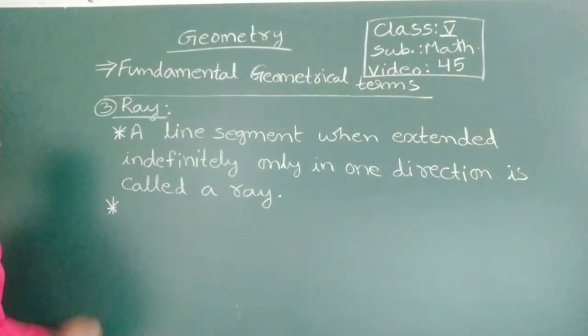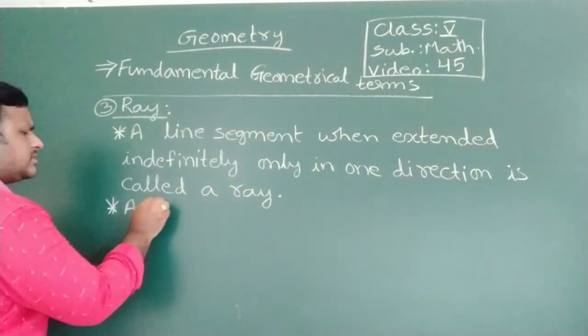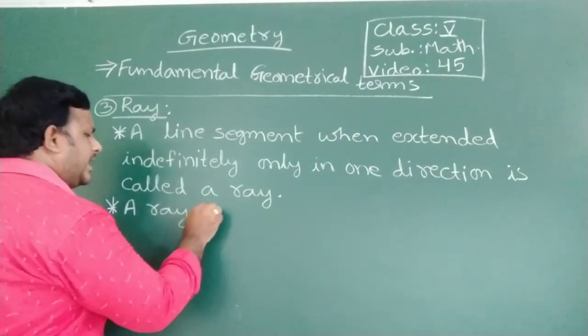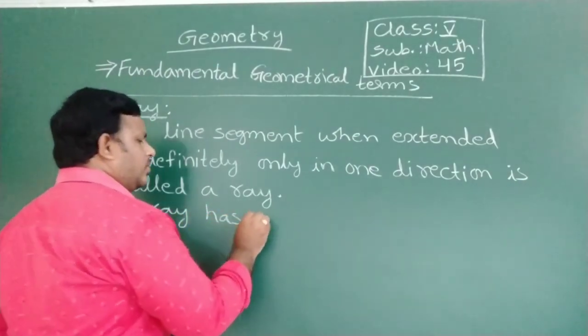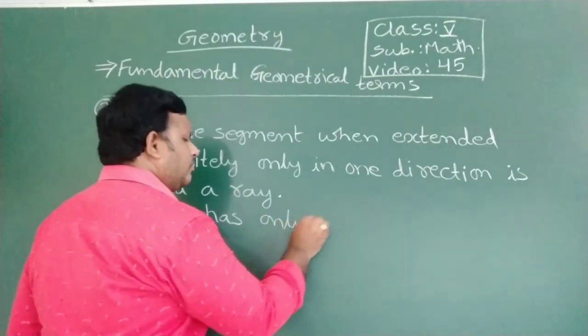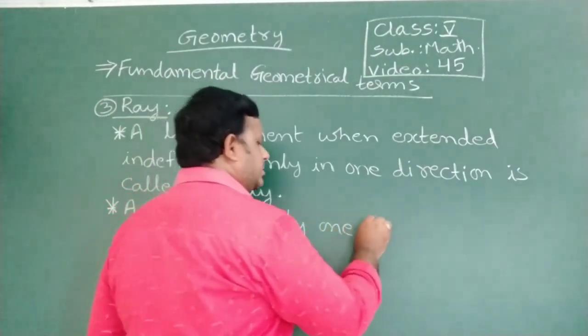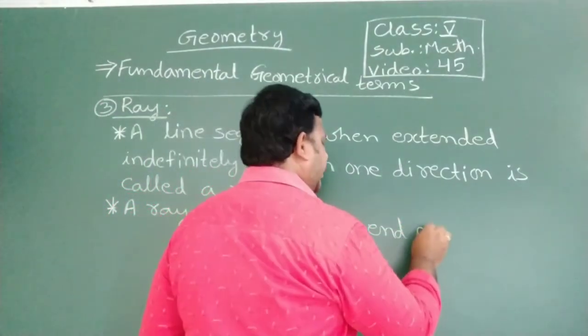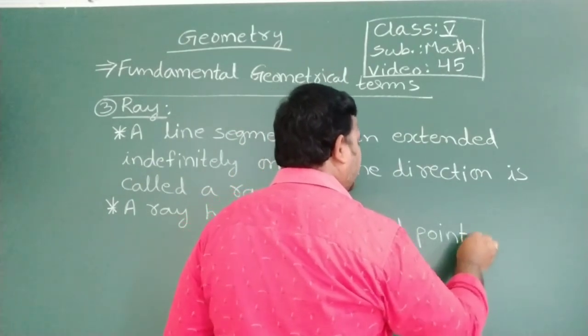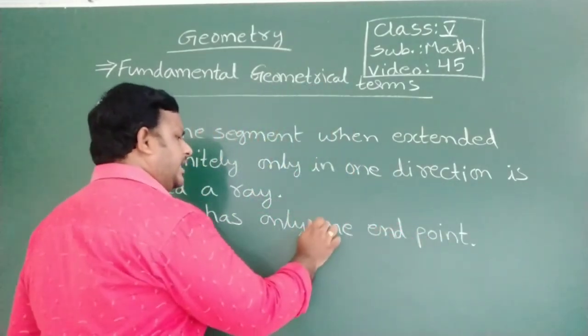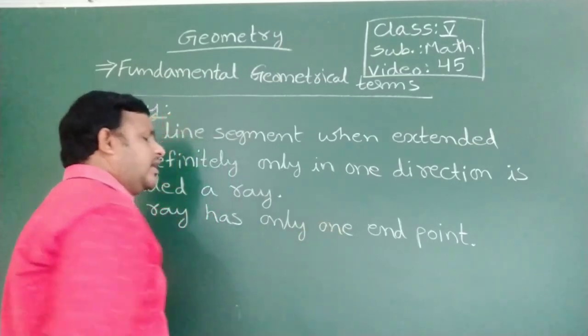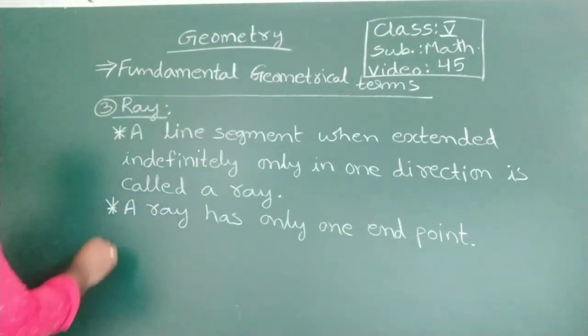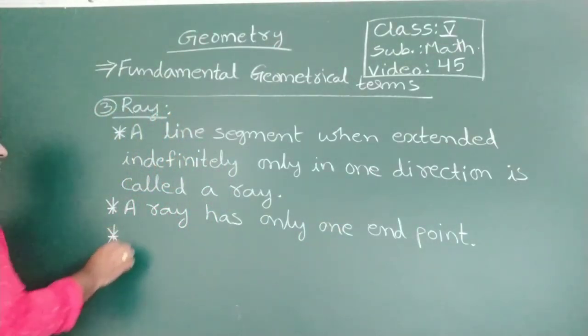So a ray has how many endpoints? A ray has only one endpoint. And what will be the length, width, and thickness of a ray?